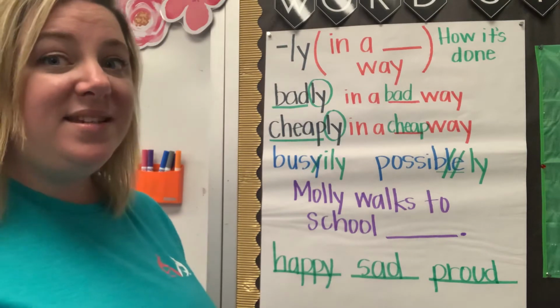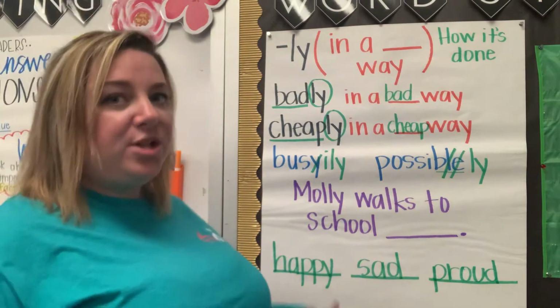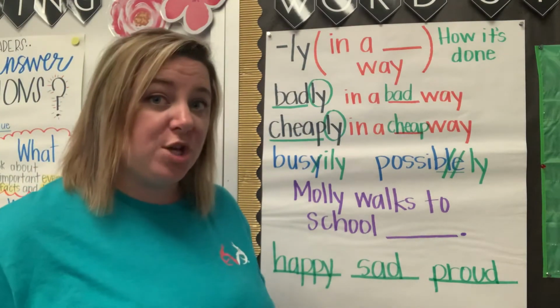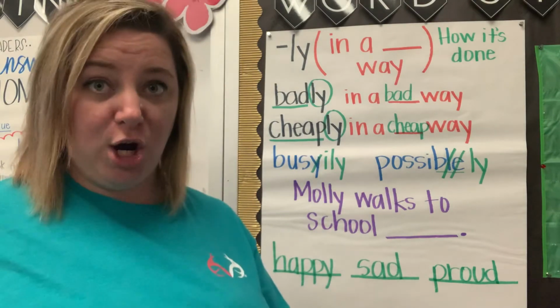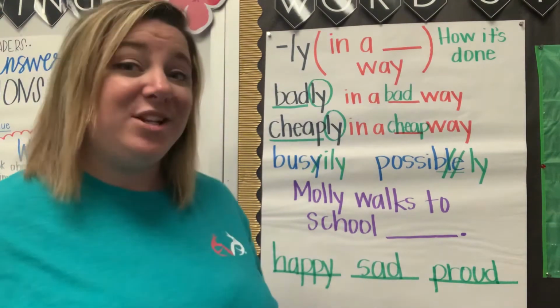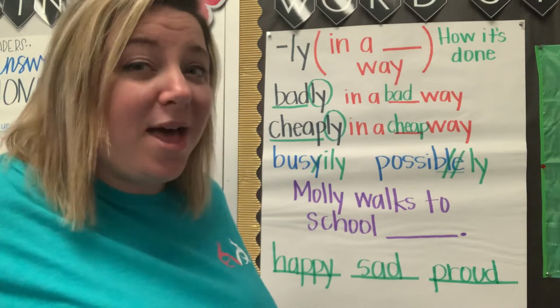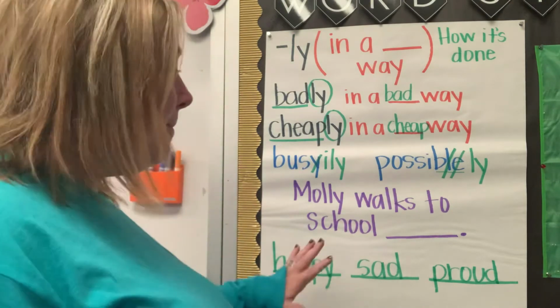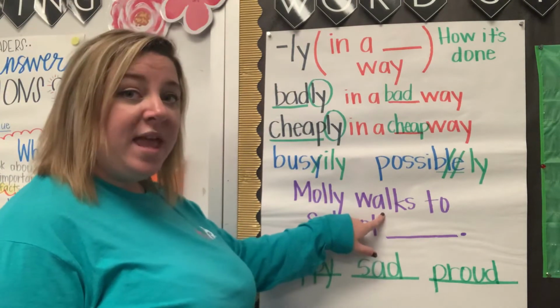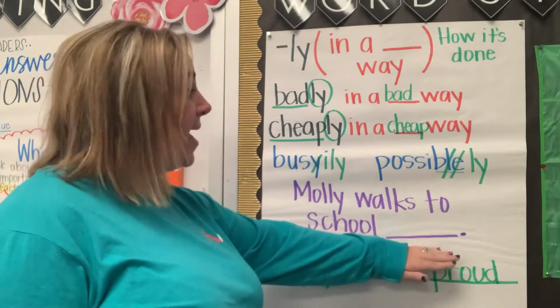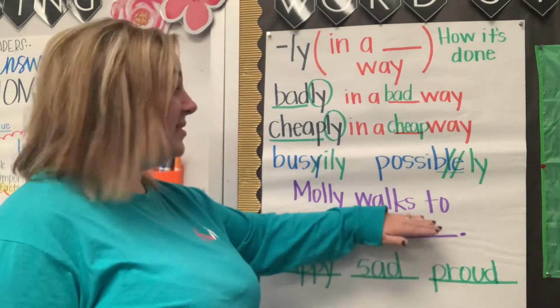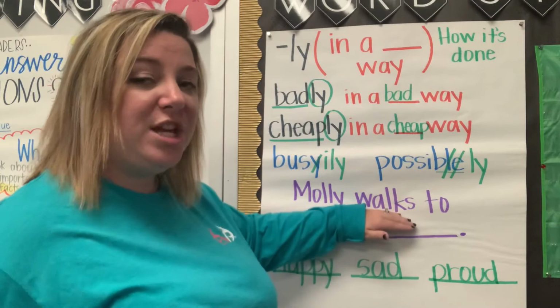I'm going to be describing how she walks. That's what adverbs do. They describe verbs, or they describe adjectives, and sometimes they describe other adverbs. But Molly is walking to school, and in my sentence, my adverb is going to describe how she walks.